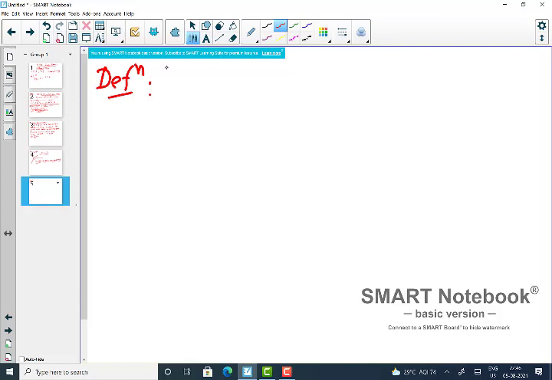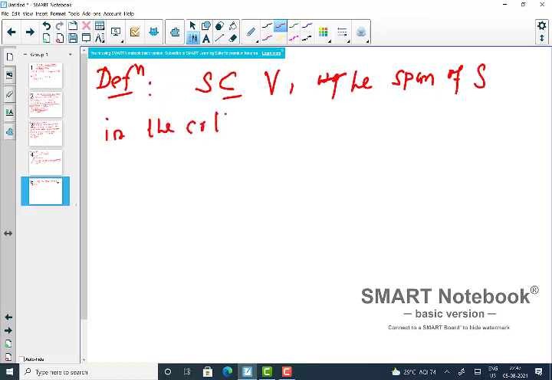S is a subset of V. The span of S is the collection of all linear combinations of the vectors in S.